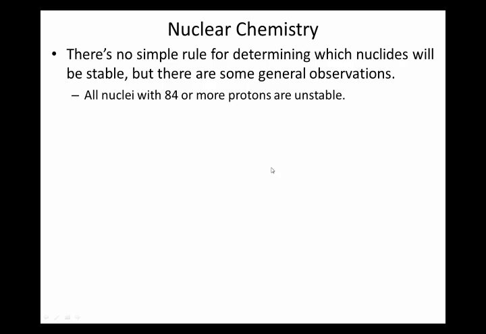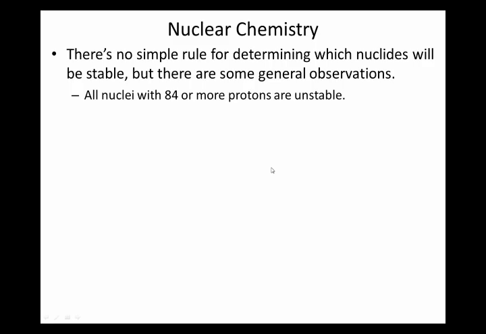No naturally occurring element with a higher number of protons is stable at all. Now, unstable doesn't mean it doesn't exist. It just means it's radioactive. And these can be radioactive just like iron rusts, right? In a way, iron is chemically unstable because it rusts in water, but it takes a long time to do it.